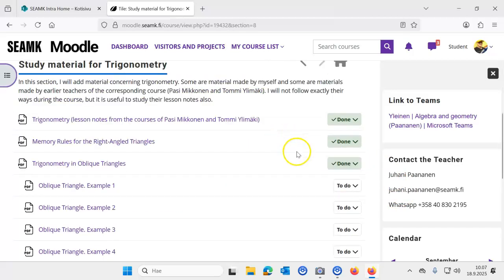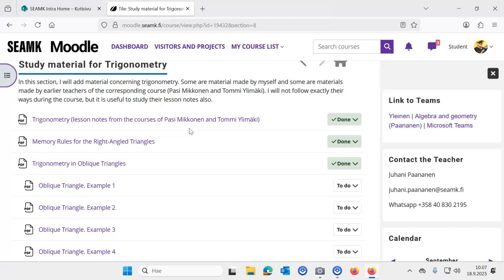Here there are lesson notes which were made by Pasi Mikkonen and Tommi Ylimäki, who are teachers who have earlier taught this course. And Pasi Mikkonen nowadays still teaches this course for Finnish students.